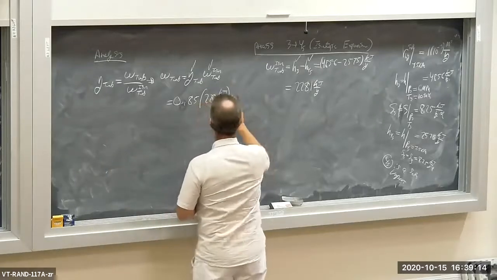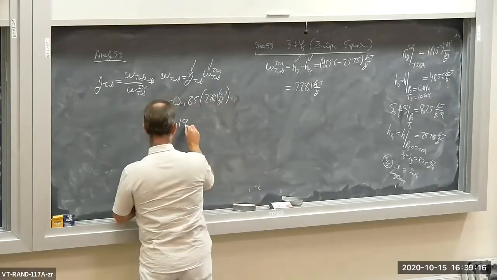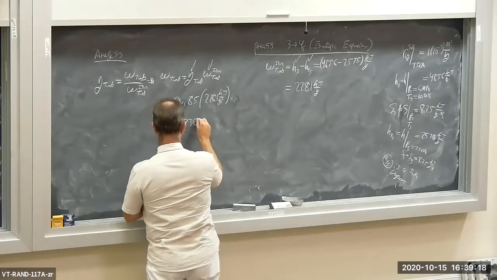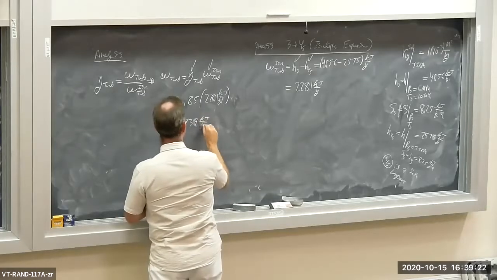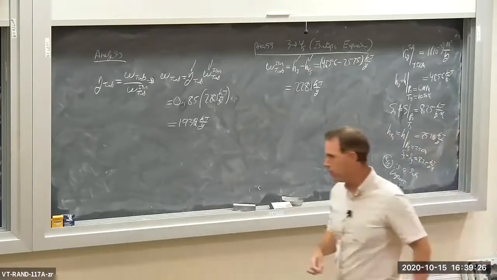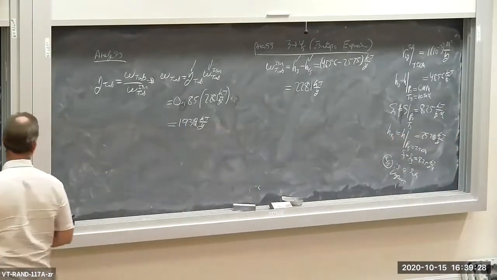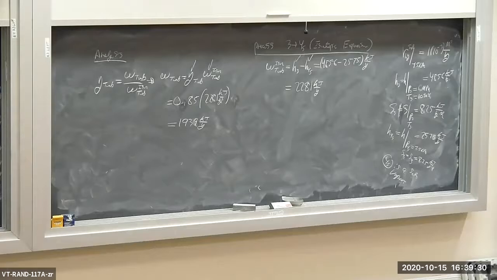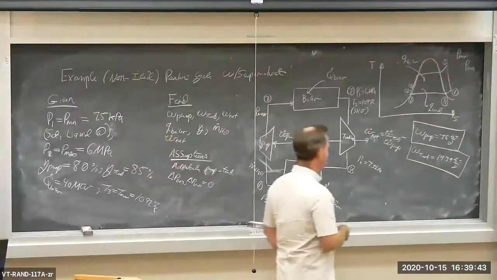And I get 1939 kilojoules per kilogram. So the specific work of the turbine, W turb, is 1939 kilojoules per kilogram. I'm going to box that up too.